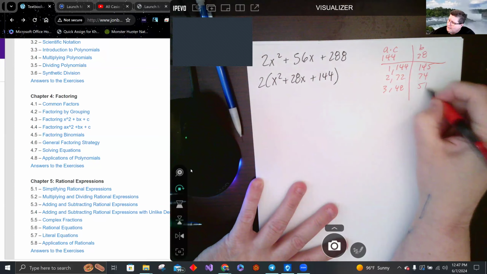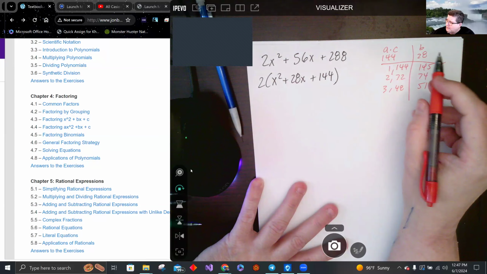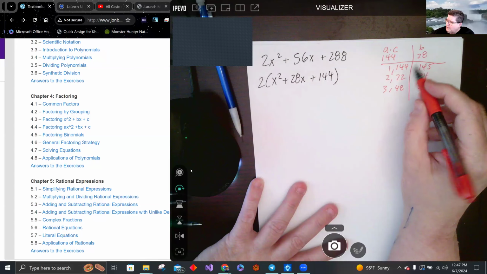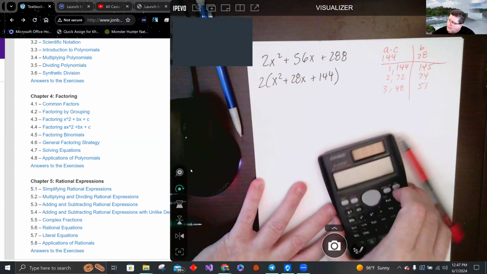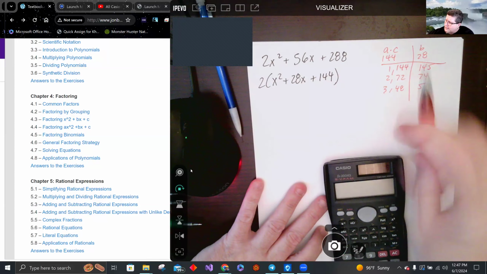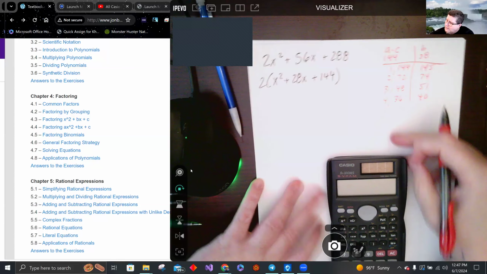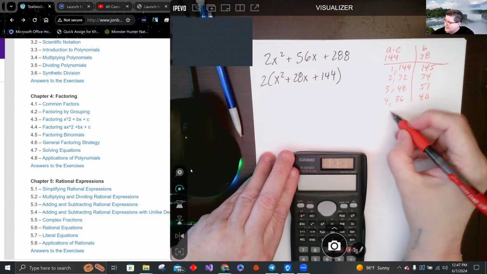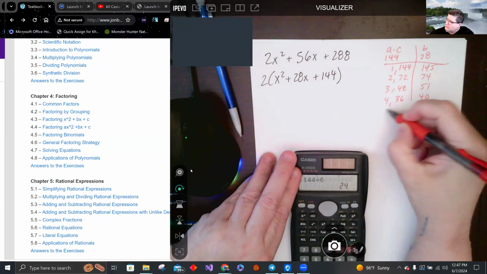That's 51. 4 goes in. 4 doesn't go into it. Should. Yeah, it does. It goes in 36 times. That's 40. 5 doesn't. Does 6 go in? 24.